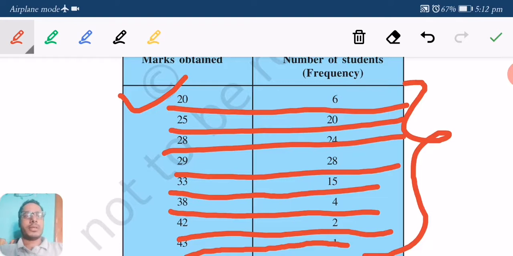No, it is not there. So to get that, we need to create a new table called the cumulative frequency table. Cumulative frequency is nothing but the addition of the given frequency to the next frequency, and so on and so forth. I'll teach you how to find the cumulative frequency here.